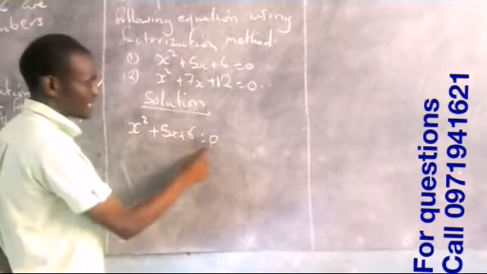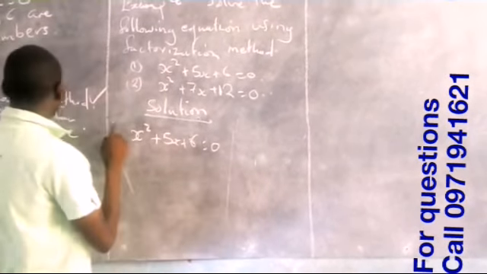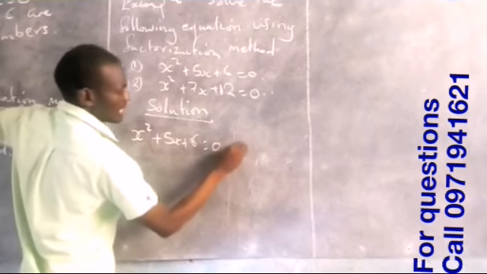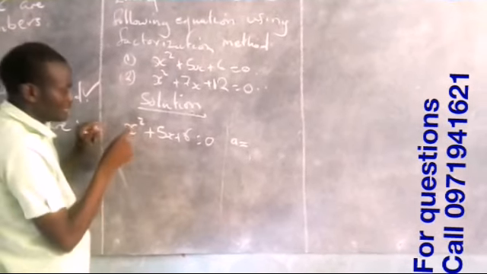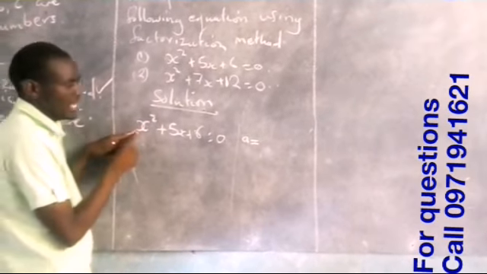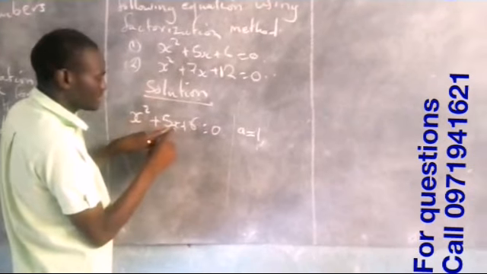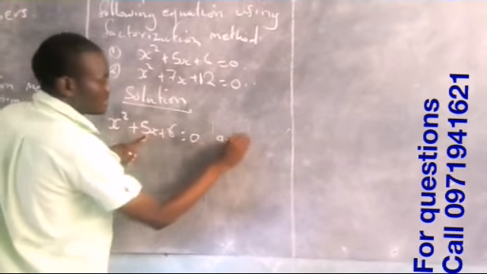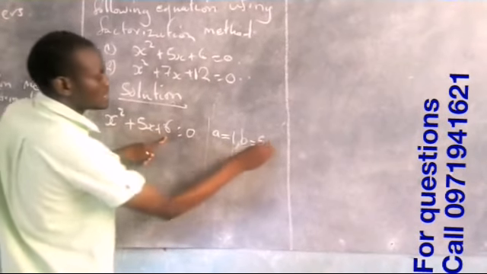We first need to factorize this equation. Here a is the coefficient of x squared, which is 1. b is the coefficient of x, which is 5. c is the constant.